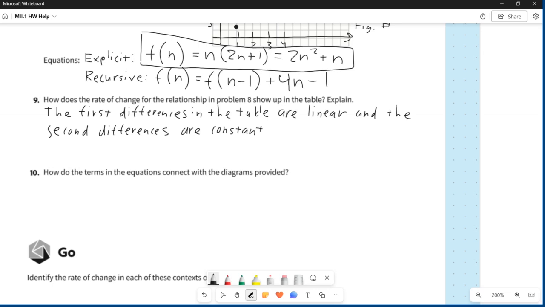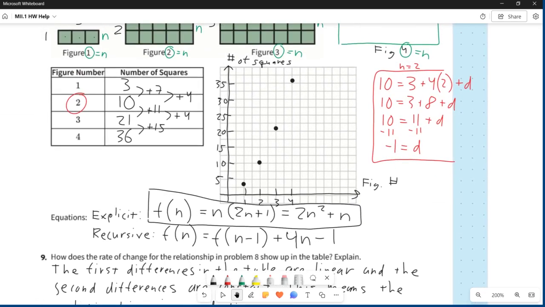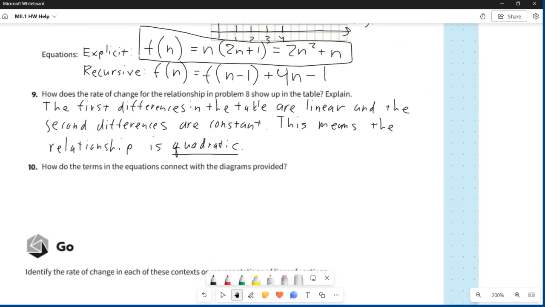Specifically, it's 4. This means the relationship is quadratic. We have a quadratic relationship, again, because the first differences are linear, 7, 11, 15, and the second differences are constant, 4, 4, 4. That tells us that we have a quadratic relationship.